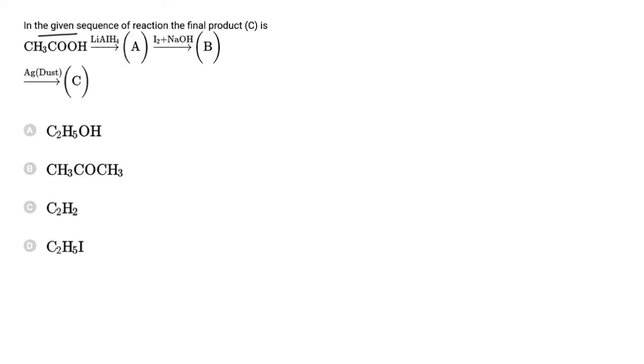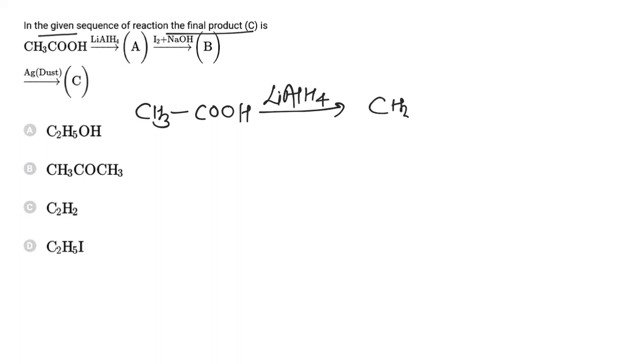In the given sequence of reaction, final product C is CH3COOH, a carboxylic acid, which is treated with the strong reducing agent lithium aluminum hydride. So in the presence of a strong reducing agent, it will be converted to alcohol.